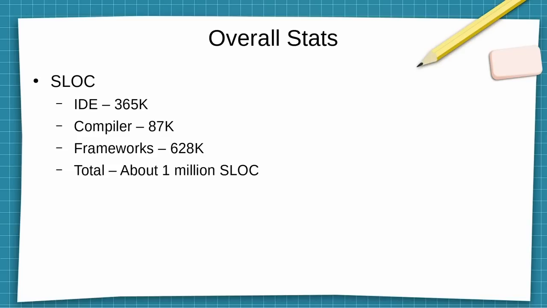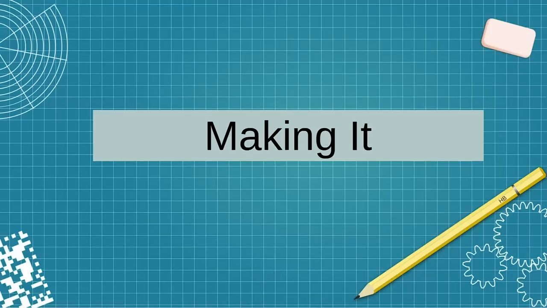Generally there's not a good reason to know this number. It's not like it means too much, but 1 million, that's a lot of code. So there you go: Xojo is about 1 million lines of code built over 20-odd years.